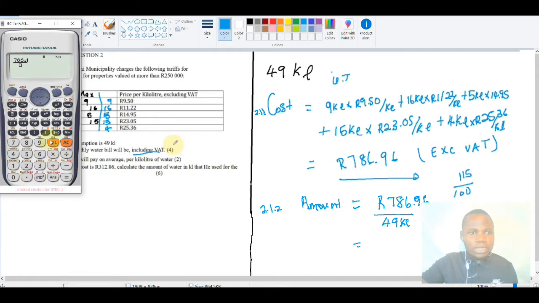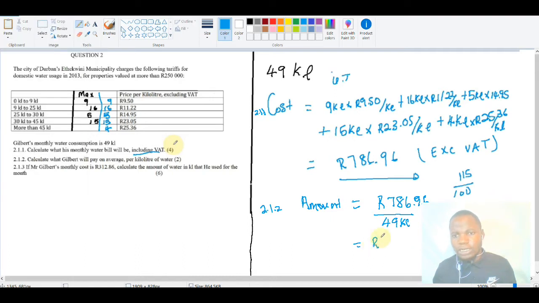So we have 786.96 divided by the amount of water you were given there, 49 kiloliter. So what you have is 16.06. So that means he will pay 16 rand 06 per kiloliter.